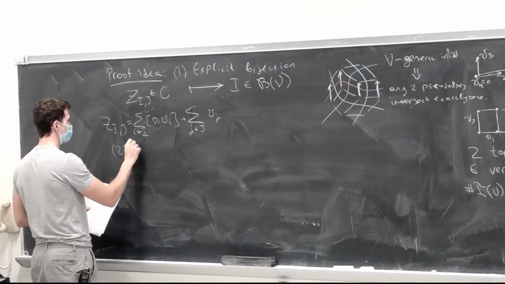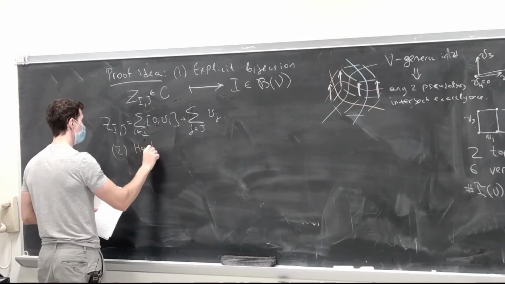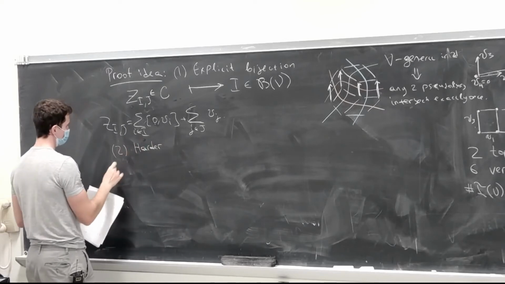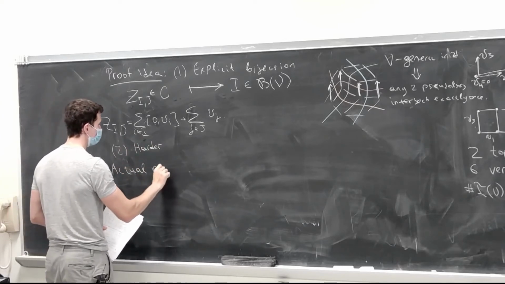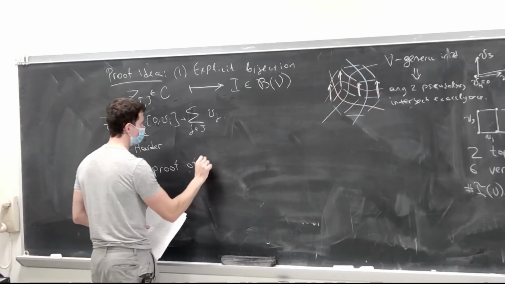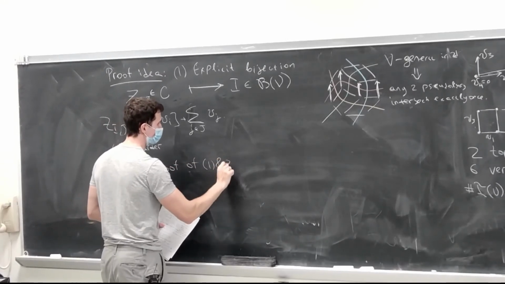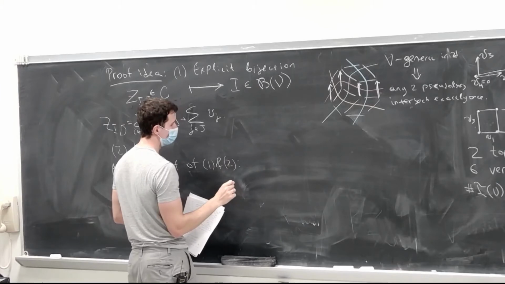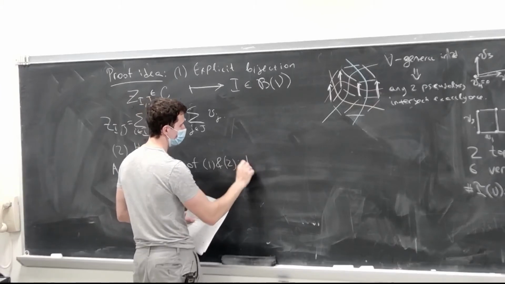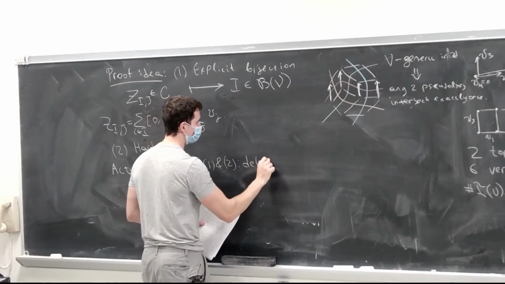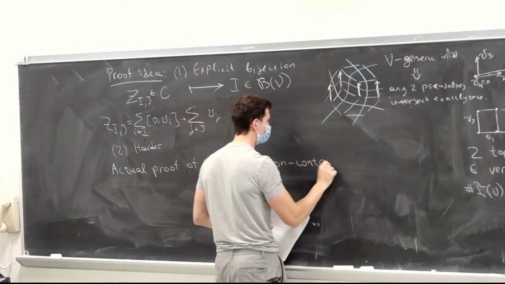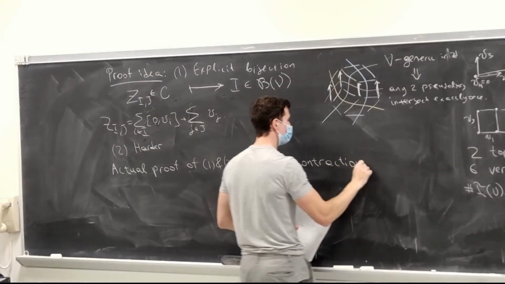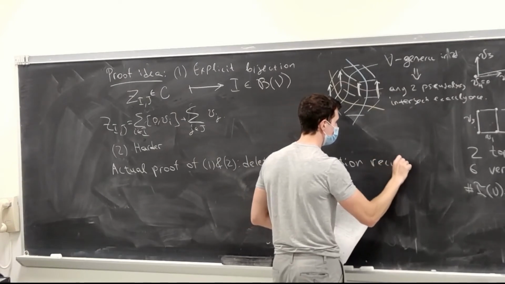And this is true. The explicit bijection is harder to construct, but the actual proof of both of these things is by using the deletion contraction recurrence.